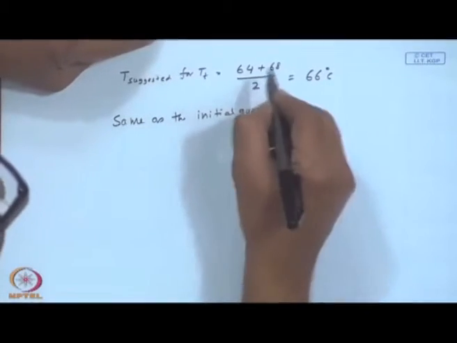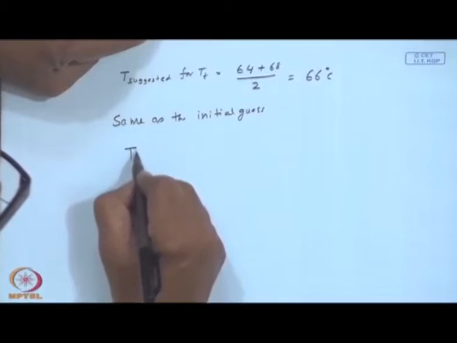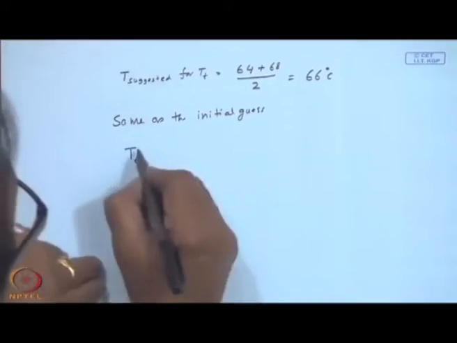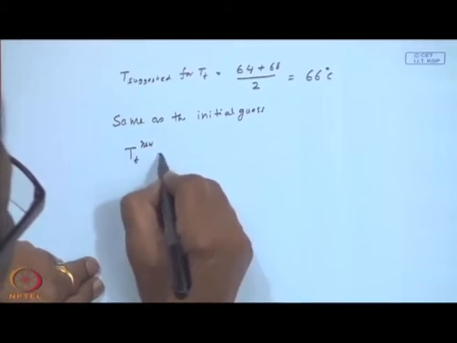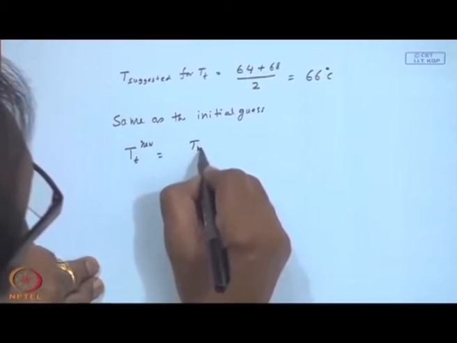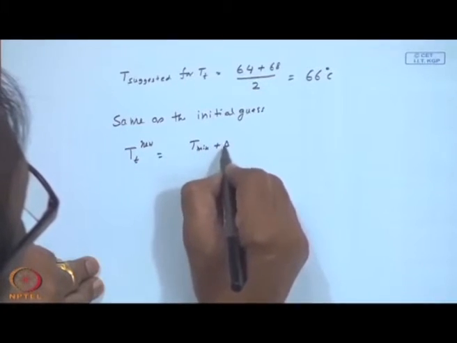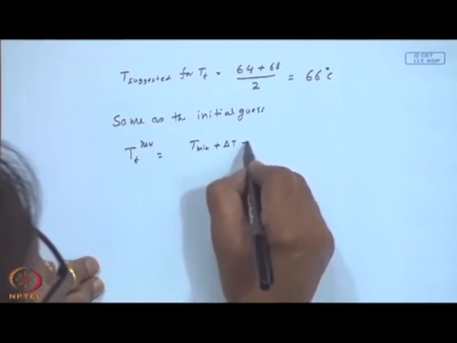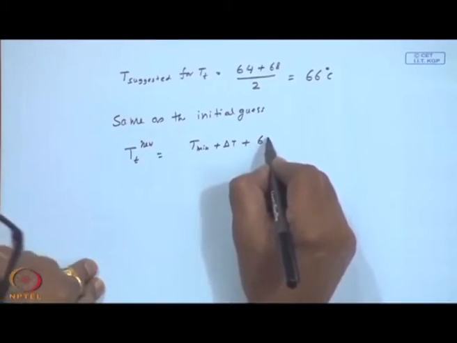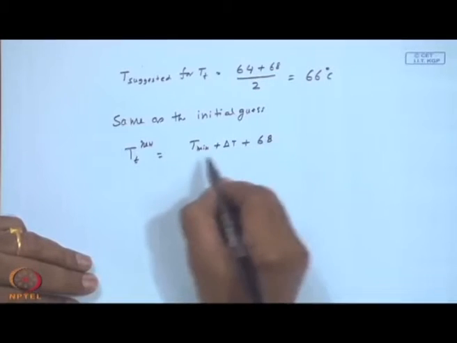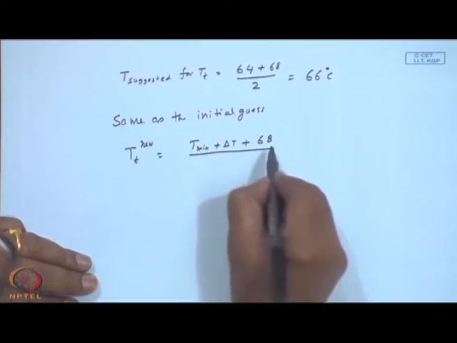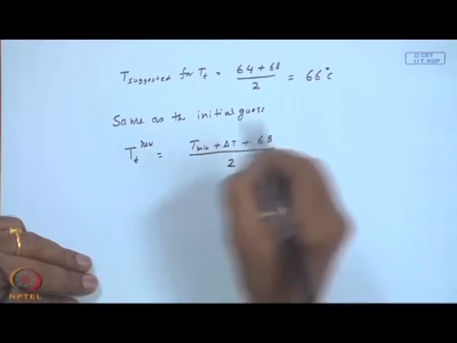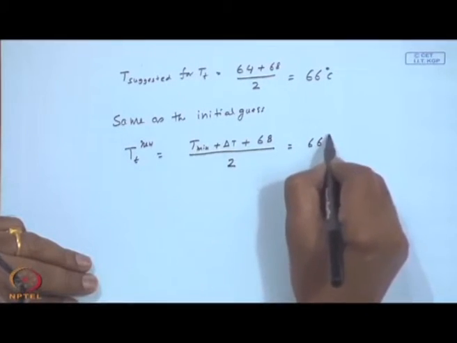So, let me once again clarify this. After this calculation, it is actually your T min plus delta T, which we included because of the heat exchanger, plus 68, which is the T I bar based upon the average utilizability, divided by 2, which is 66 degrees.